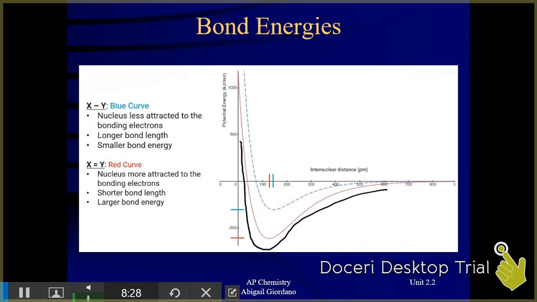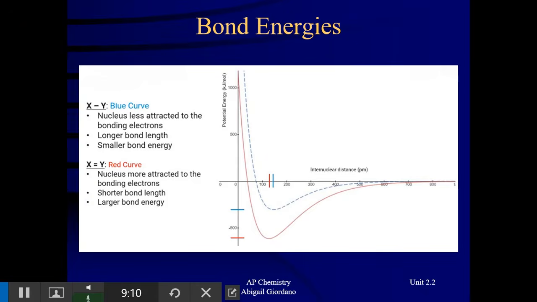Okay, even deeper than the double bond, and again, just ever so slightly to the left. Triple bond would be the shortest distance, shortest length. Okay, so sometimes you'll see AP questions with these internuclear distance graphs.